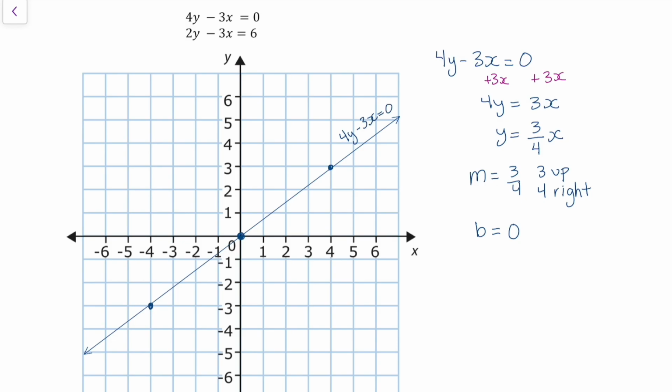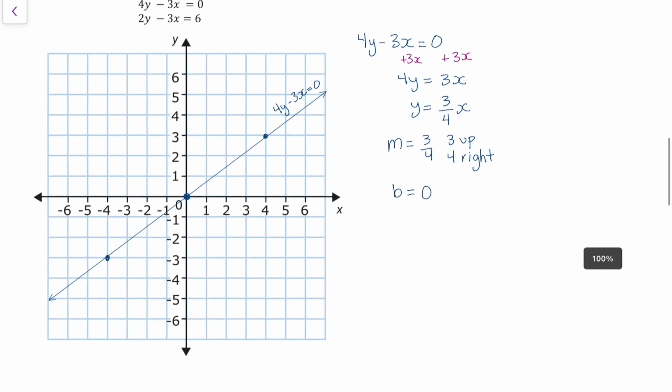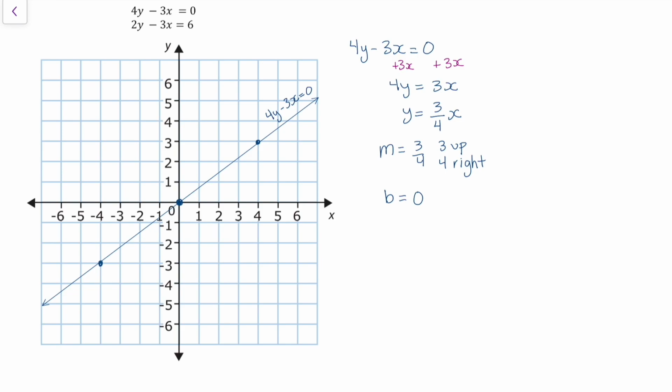And then I'm going to repeat that process with my next line. So my next line is 2y minus 3x equals 6, or 2y equals 6 plus 3x. I'm going to divide by 2. So that tells me my slope is 3 over 2, which means 3 up and 2 to the right.